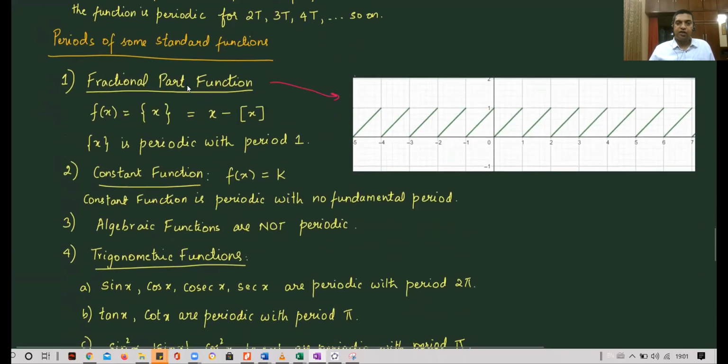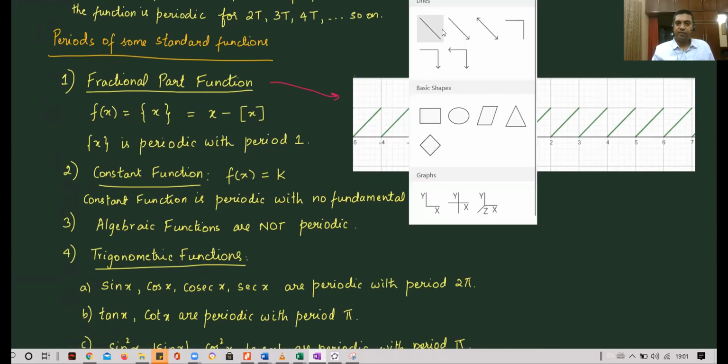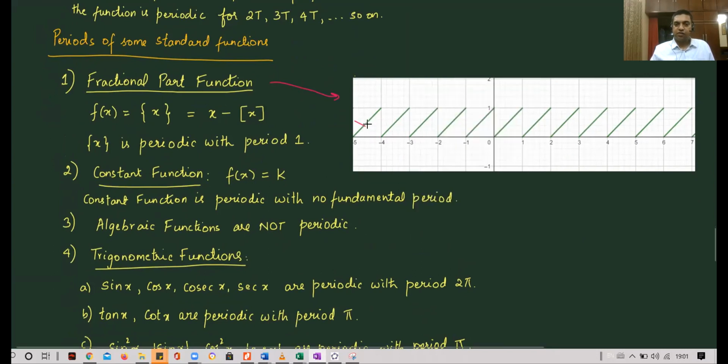Whereas for other periodic functions like this one, you can see that for certain values of x, for these values of x here, say half, 3/2, 5/2, 7/2, 9/2, 11/2, and then minus half, minus 3/2, minus 5/2, and so on, the function takes the constant value half.